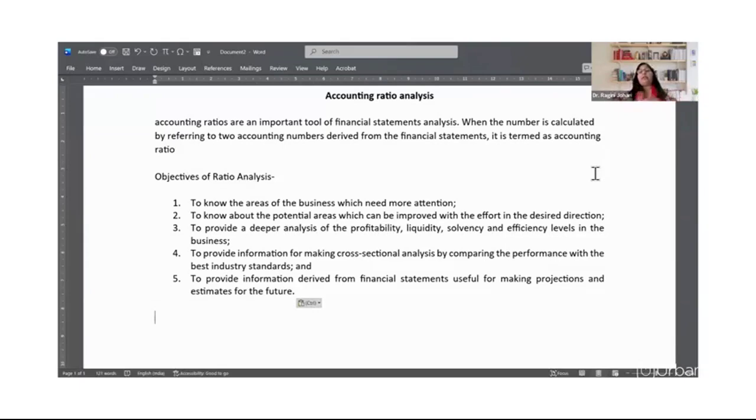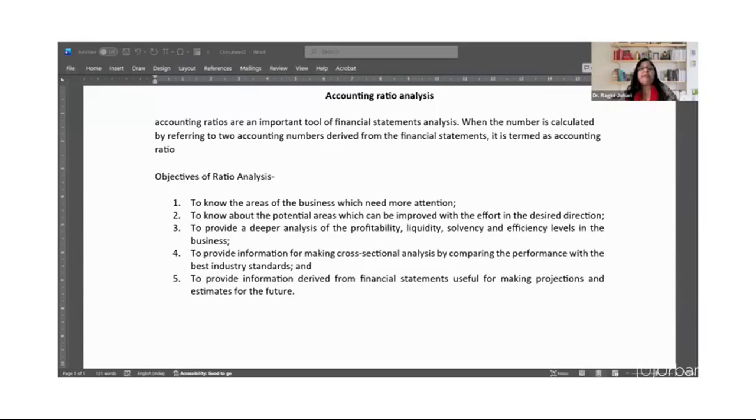This also provides information for making cross-sectional analysis, that is, by comparing the performance with industry standards. And the last objective is to provide information derived from financial statements useful for making projections and estimates for the future.